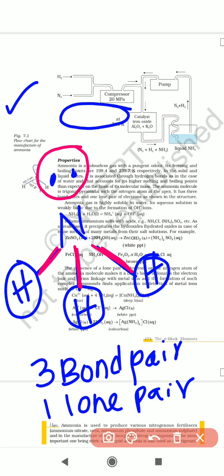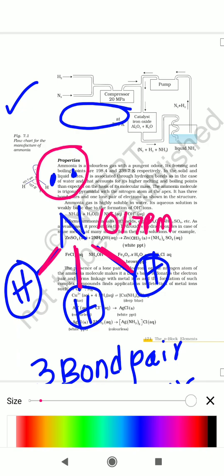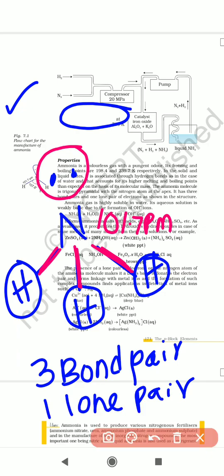Next, the bond length from nitrogen to hydrogen is 101.7 picometer. And the bond angle between the two hydrogen atoms is 107.8 degrees.